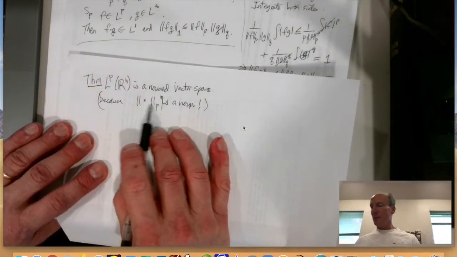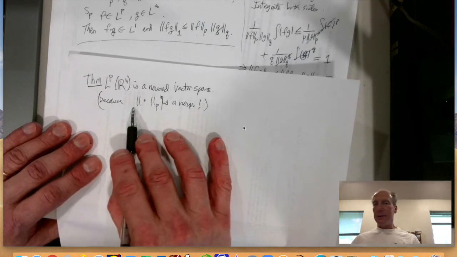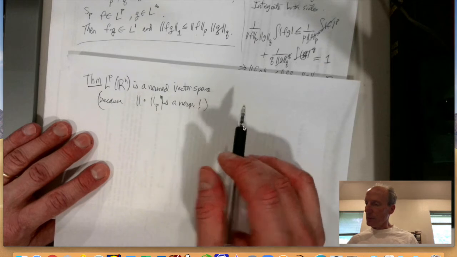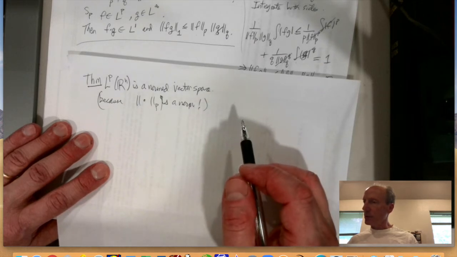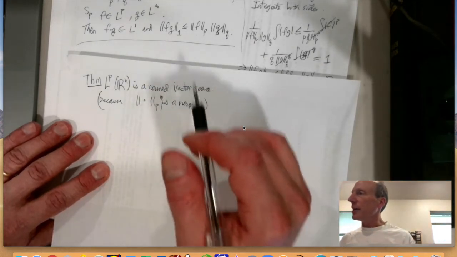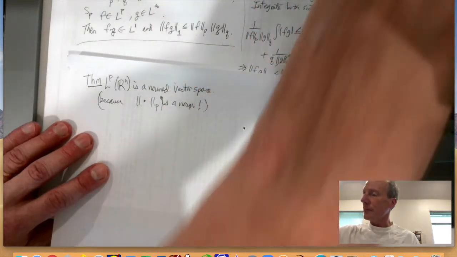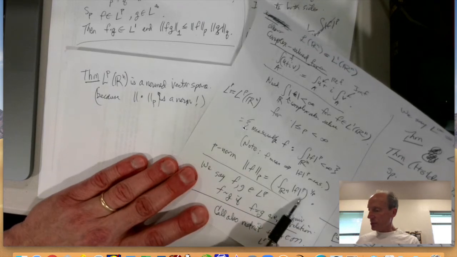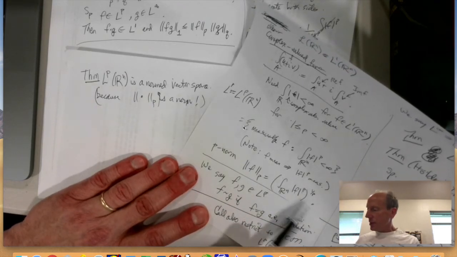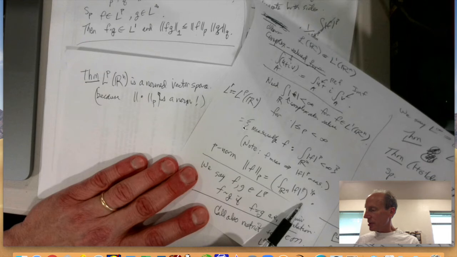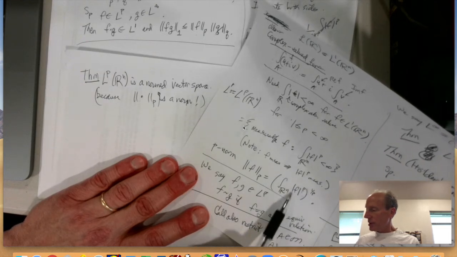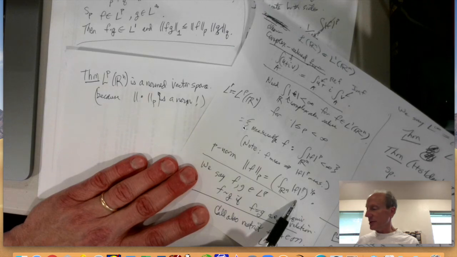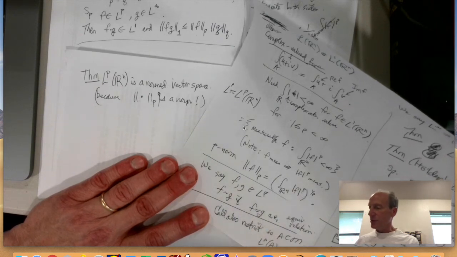Positivity, yep, that definitely works. Where's the p norm here? Yeah, it's on that previous page. So this number is always positive, so positivity is true. And if this equals 0, that means the inside equals 0. That means this is 0 except on a set of measure 0, and then that means f is 0 except on a set of measure 0.